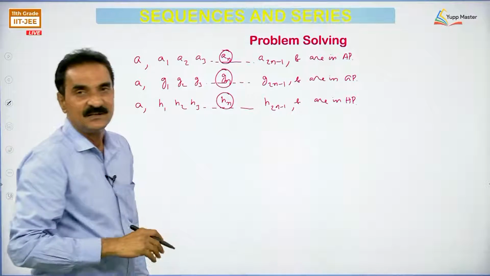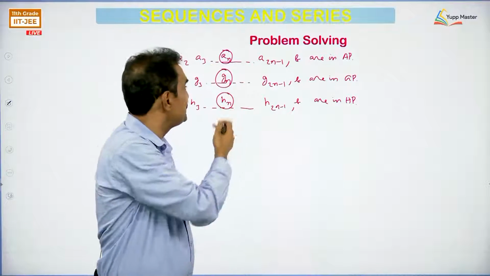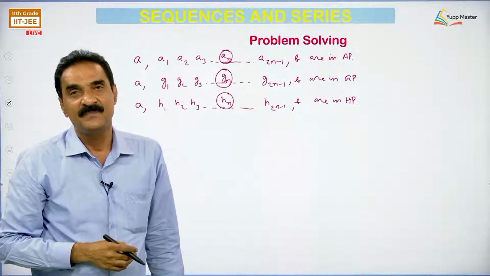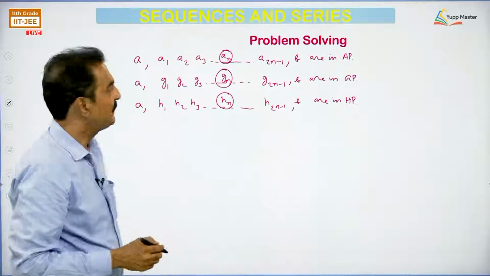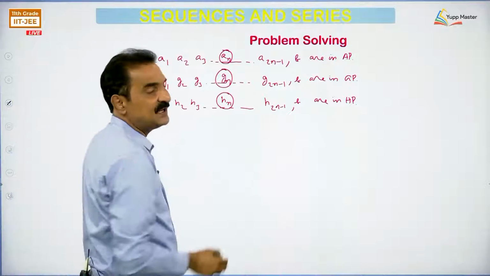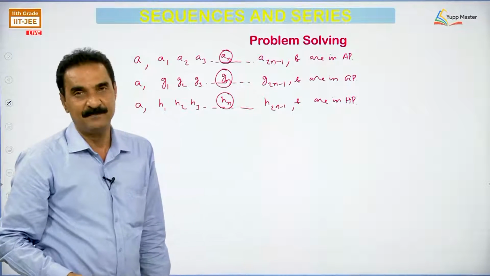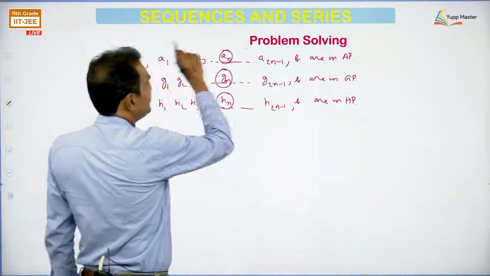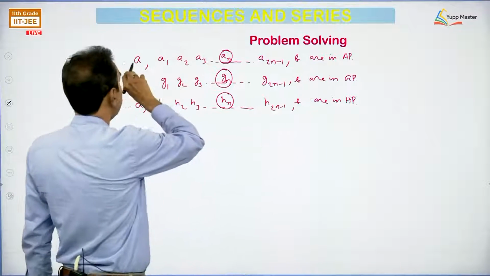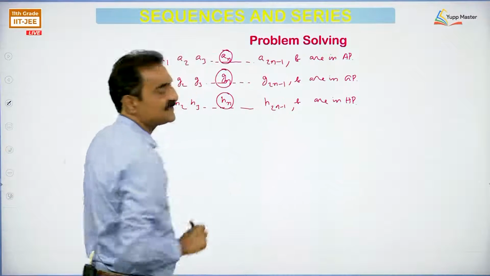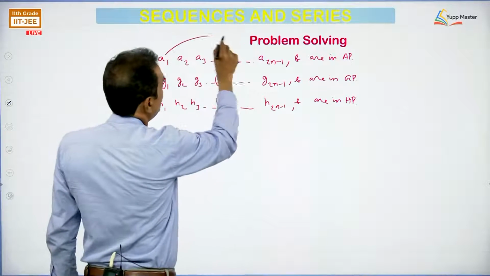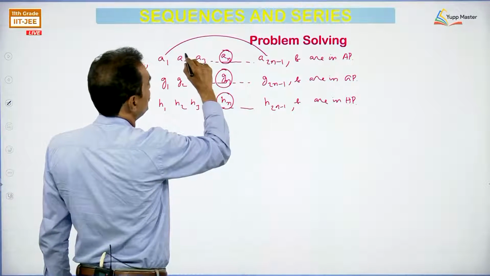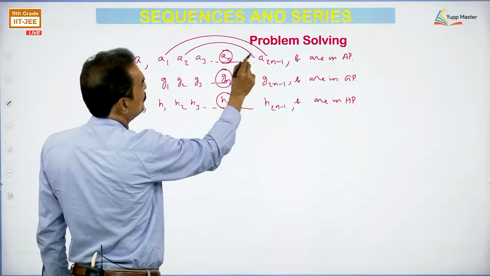You will think that you need to find An, Gn, Hn by our formula, but no need. We have a property of AP. Sum of the terms equidistant from left and right will be the same. That means first term plus first term from right is A plus B, that is equal to A1 plus A2n minus 1, that is equal to A2 plus A2n minus 2 and so on.